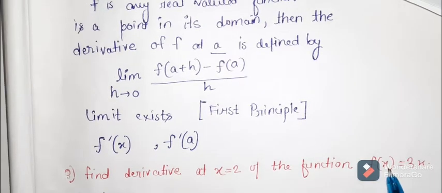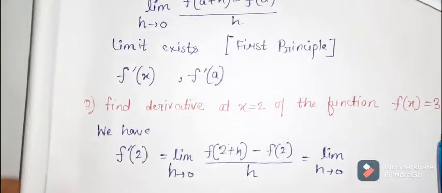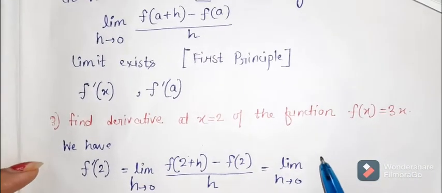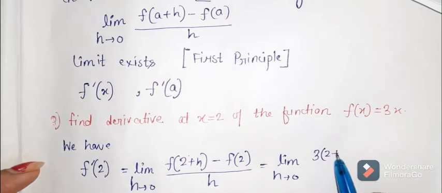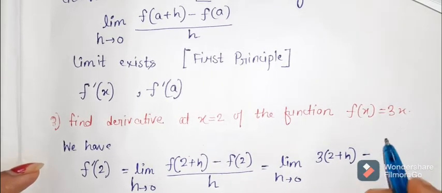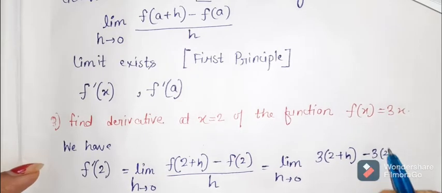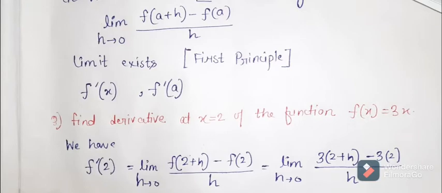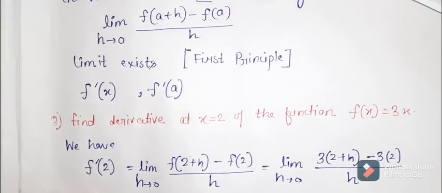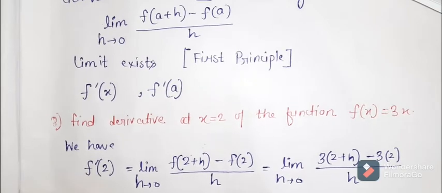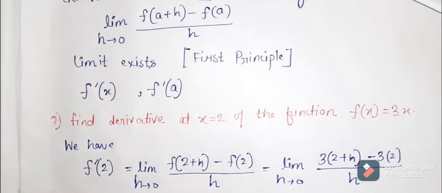When f of x was our function 3x, now in place of x if it is 2 plus h, then your function will be 3 into 2 plus h minus f of 2, which is 3 into 2, divided by h. So ultimately we get limit h tends to 0, 6 plus 3h minus 6 divided by h.